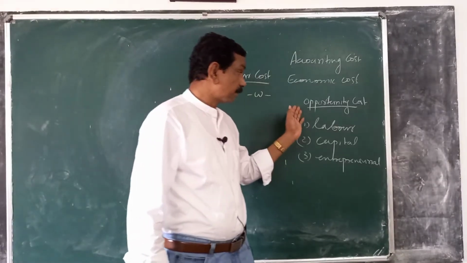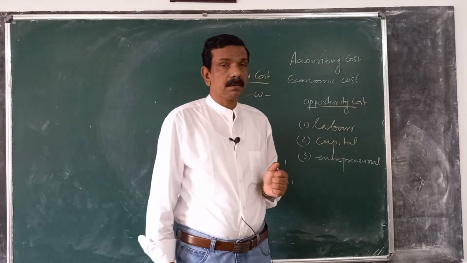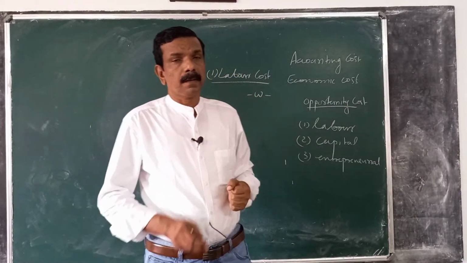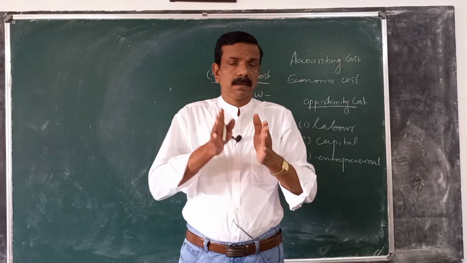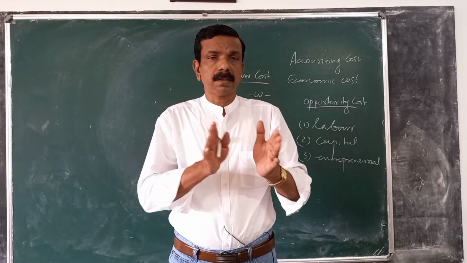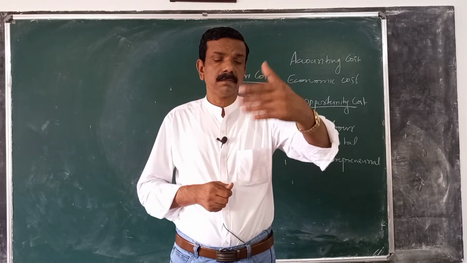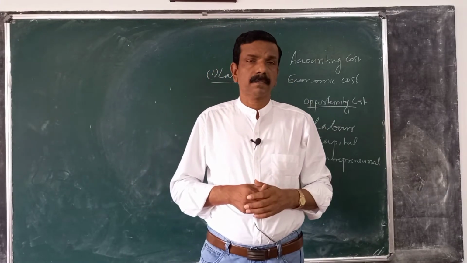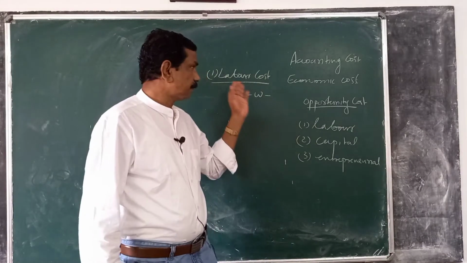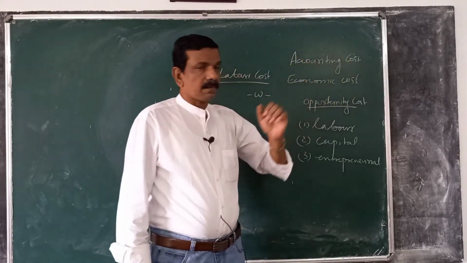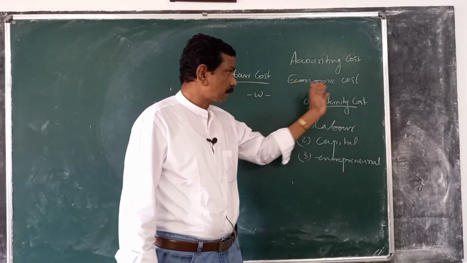The economist's concept of cost is opportunity cost, and the wages received by the labor are assumed to be the same as what the labor would receive in its next best alternative. So the treatment of labor cost is identical for an accountant and an economist.